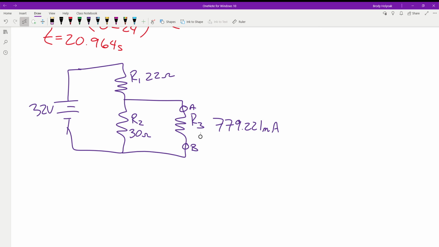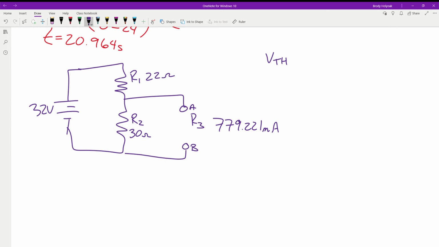So when we pull it out, we now need to solve for our V Thevenin and R Thevenin. We're going to work backwards, so on these use Thevenin's theorem. Our V Thevenin is going to be the voltage from point A to point B. And in this circuit, that voltage is the voltage drop across R2 with R3 removed.